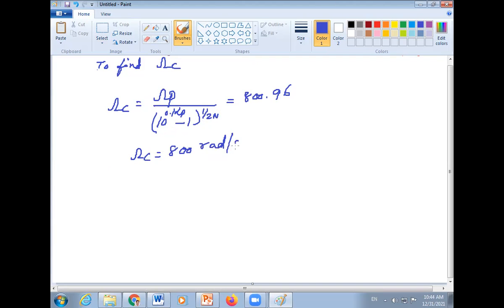So then we are calculating H of s. H of s is obtained by replacing s by s divided by 800.